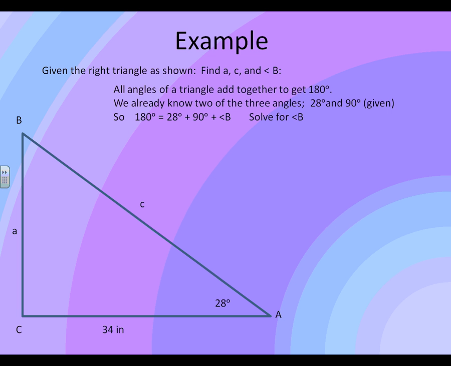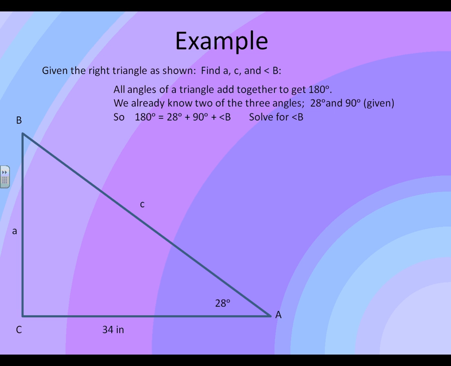So one of the angles is 90 degrees, angle C namely, and the other angle is given as 28 degrees, or angle A. Putting these figures into the triangle and knowing that a triangle equals 180 degrees, we have 180 degrees equals angle A plus angle B plus angle C. Angle A is 28 degrees, so we're going to substitute 28 in for angle A. Angle C is 90 degrees, so we're substituting 90 degrees into angle C. So the only thing we do not know is angle B.